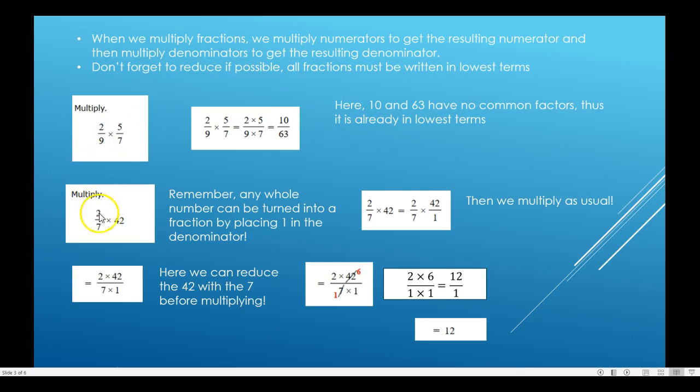If we multiply a fraction times a whole number, remember a whole number is a fraction with the denominator of 1. So if you rewrite it with the denominator of 1, then you're following your same rules. Multiply the numerators, multiply the denominators.